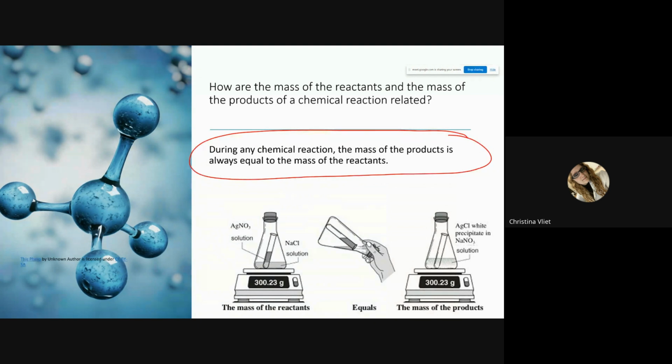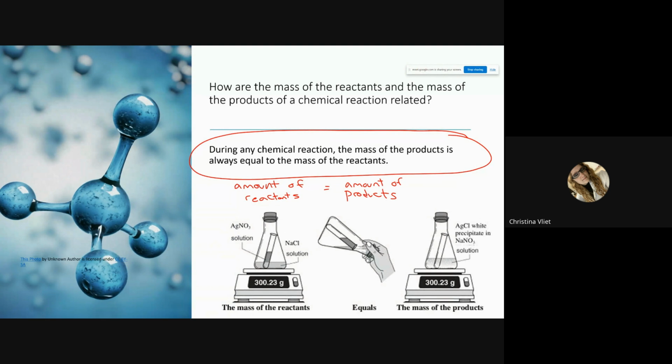So another way of saying this is the amount of reactants has to equal the amount of products. And that's going to formulate the basis of most of the unit in the math chapter we have to do, is this main idea. The amount of your reactants have to equal the amount of your products at the end.